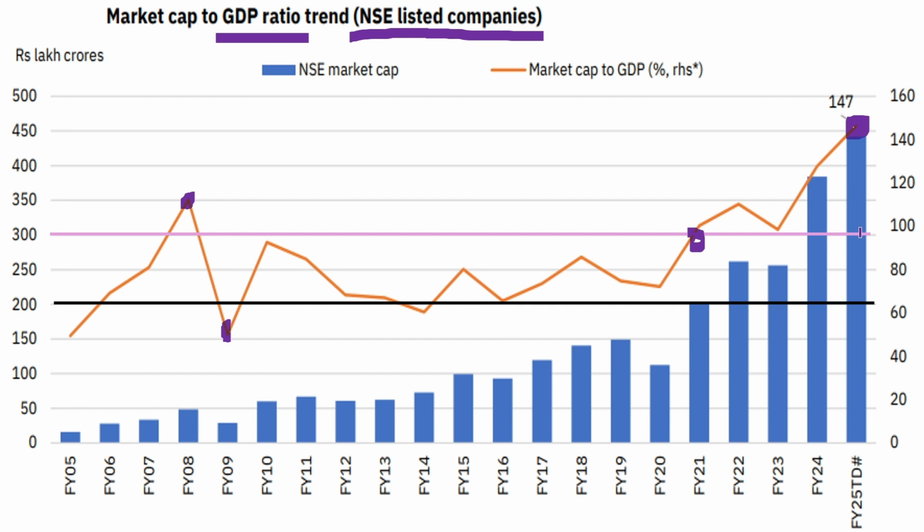He used to look at it like anything above 100, he used to say that's highly overvalued, and anything below 100 is undervalued.